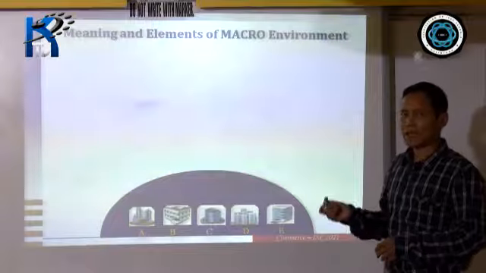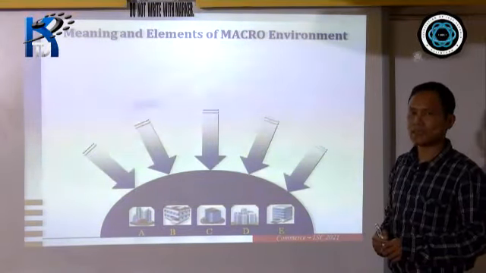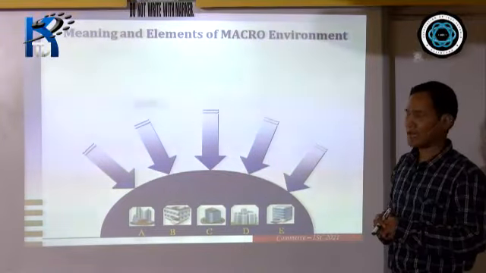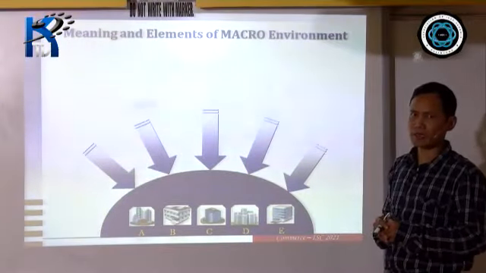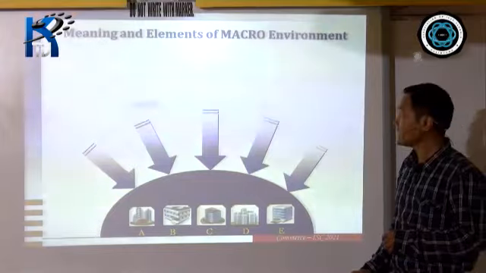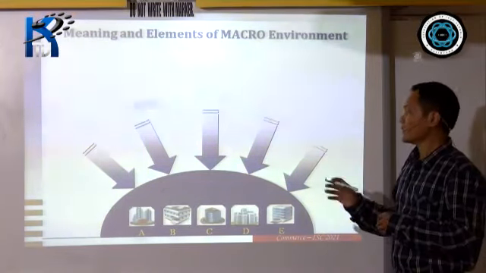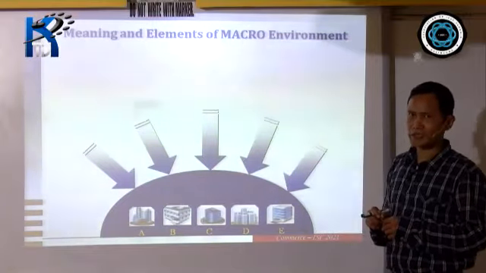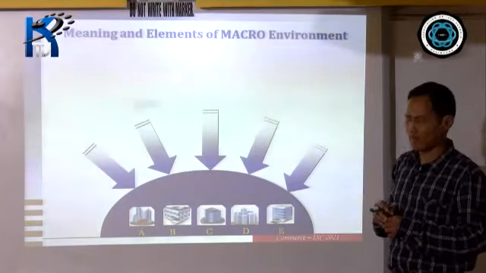However, there are other factors and forces which exert pressure from outside and affect the performance of not only one organization in the market, but all others in general. So these factors and forces from outside which affect the performance of all these organizations in general come under the concept of macro environment.